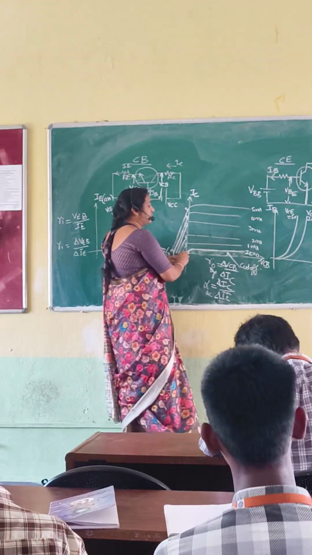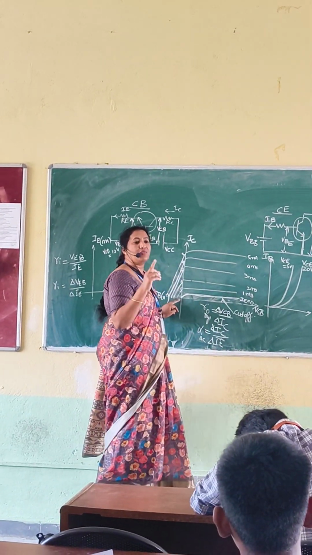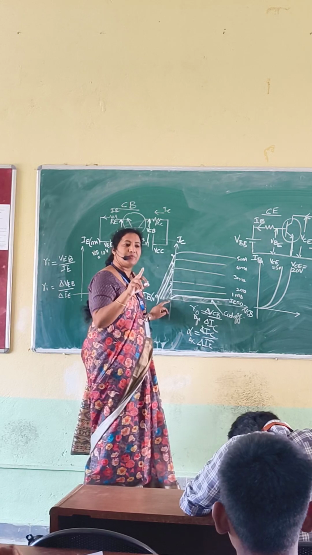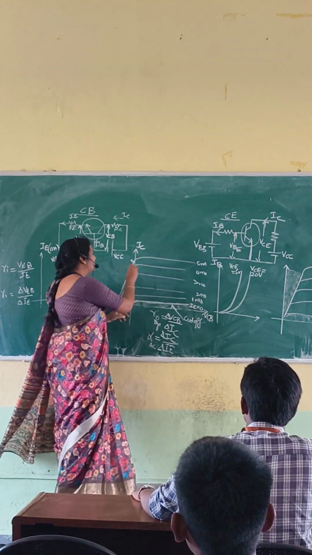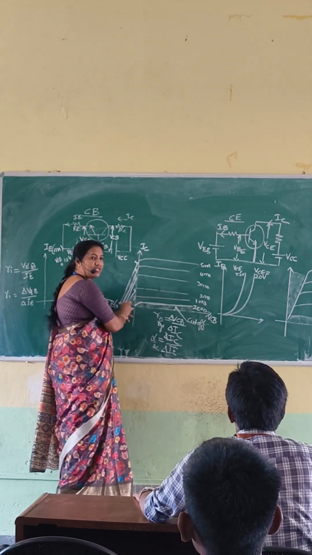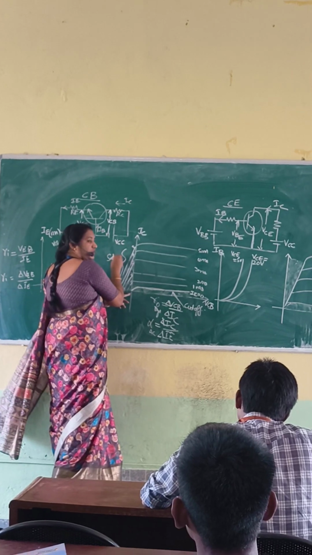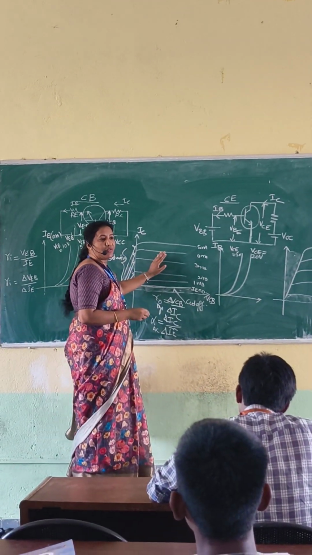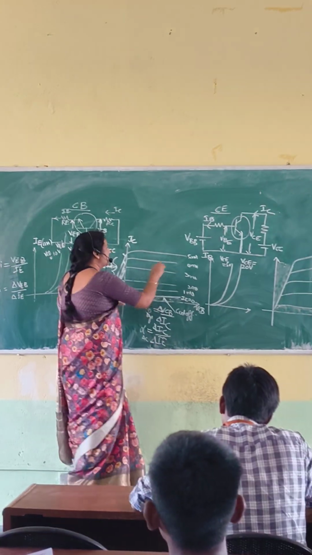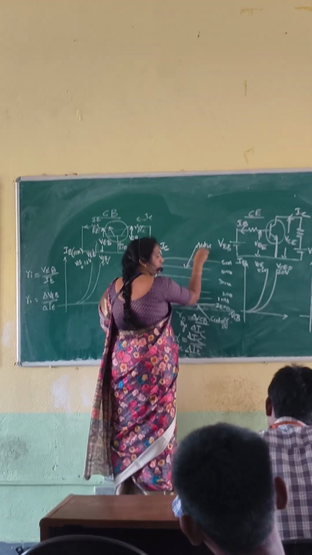When both are forward biased and your VCE is very low, then current flows even at negative voltage. So this portion is called saturation. When your input is forward biased and output is reverse biased, then this portion is called active.